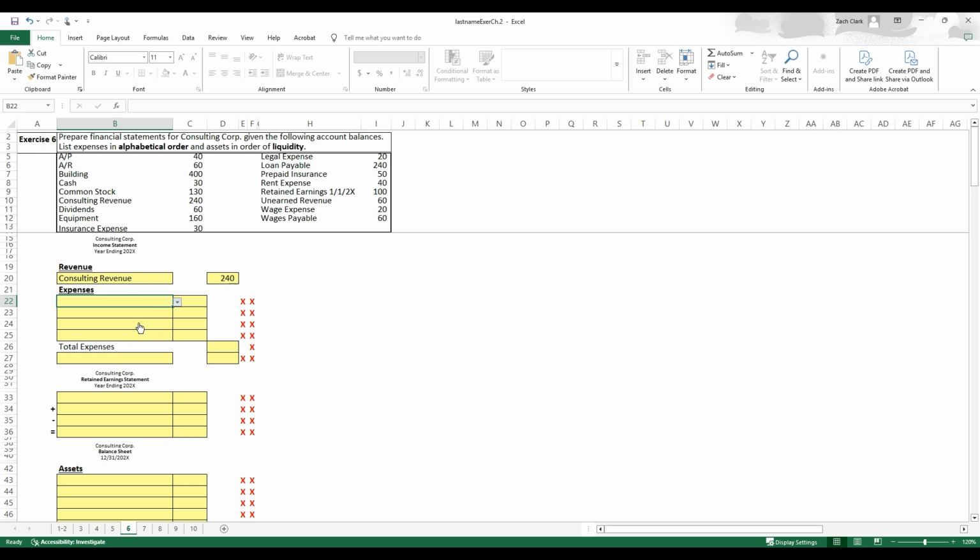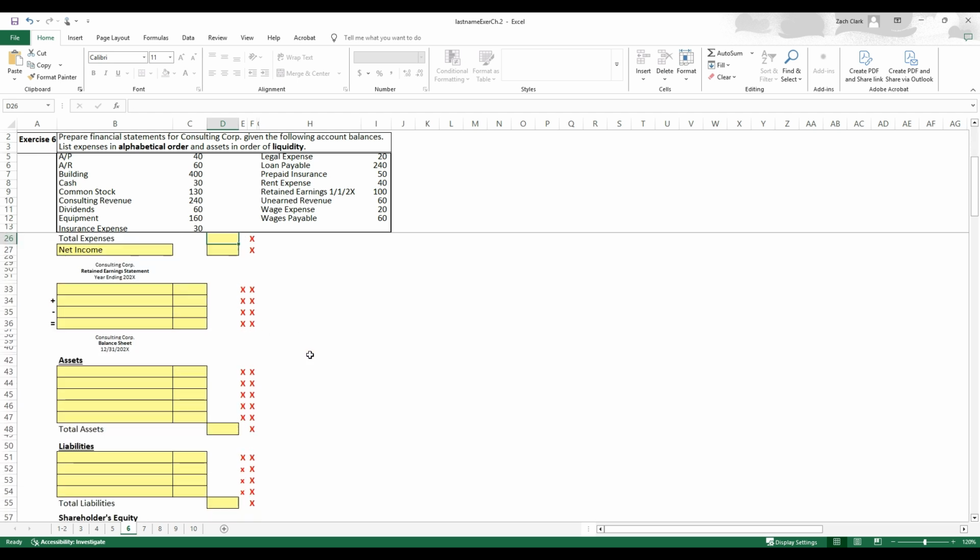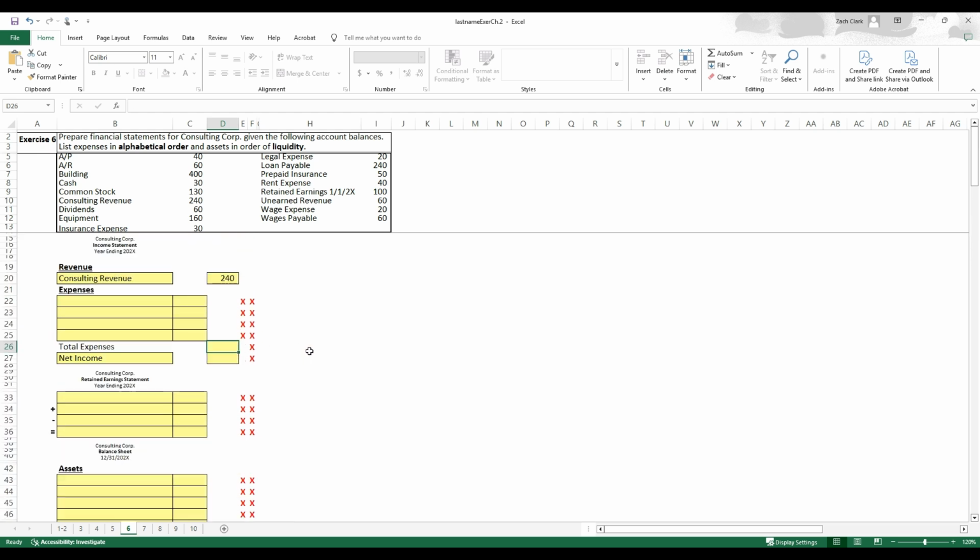And in your account, you have your types of expenses and then your amounts, and this will be your total expenses line. Then you'll fill this out with net income, essentially. A little hint for you: that's revenue minus expenses. You've got lots of examples of this in your textbook.